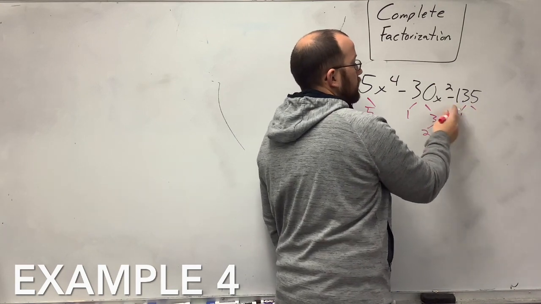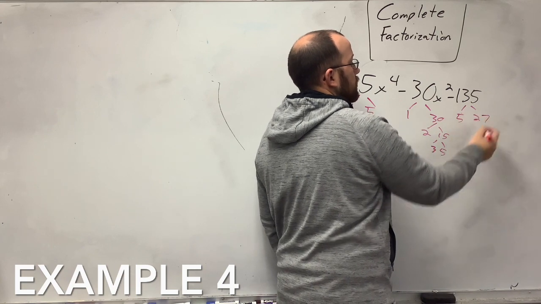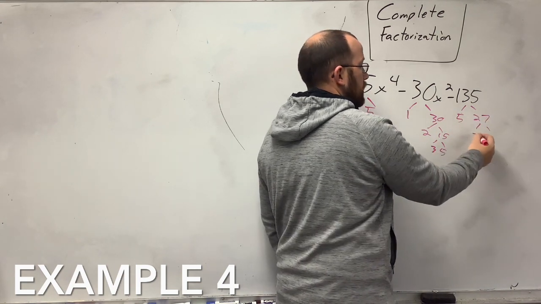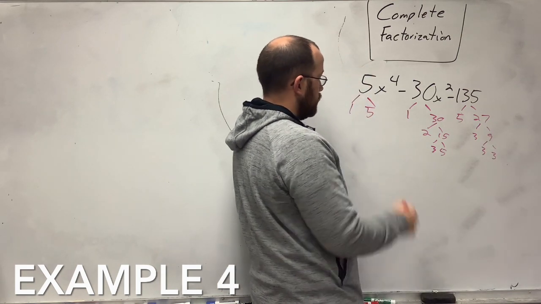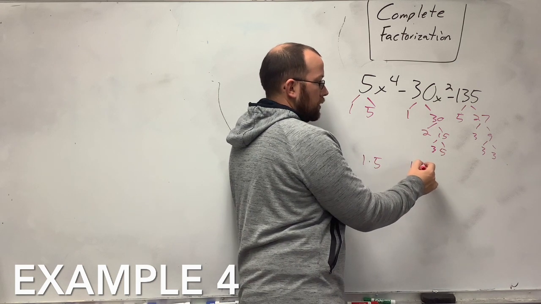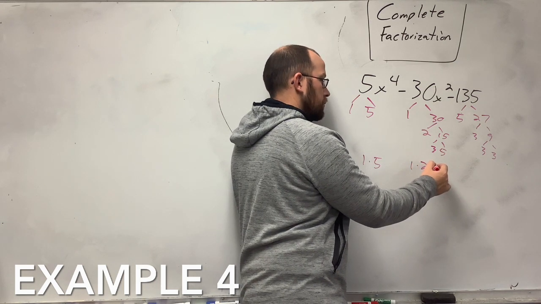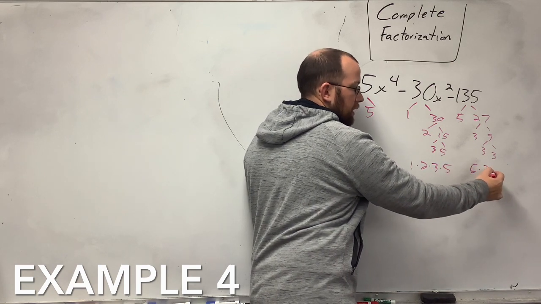But for fun's sake, we'll do it out. So I get 1 times 5, 1 times 2 times 3 times 5, and then 5 times 3 times 3 times 3.